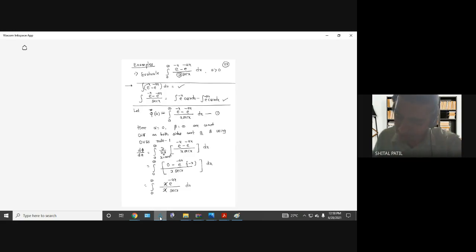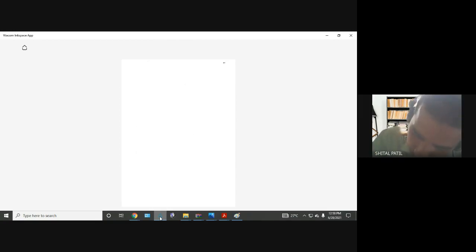Okay, so d phi by da, what is there on the left side, d phi by da equal to integration from 0 to infinity e raised to minus ax divided by sec x, which I convert into cos x. Now I will use this. Yes Shreyas, now I am using this formula: integral of e raised to ax cos bx dx. What is the formula?